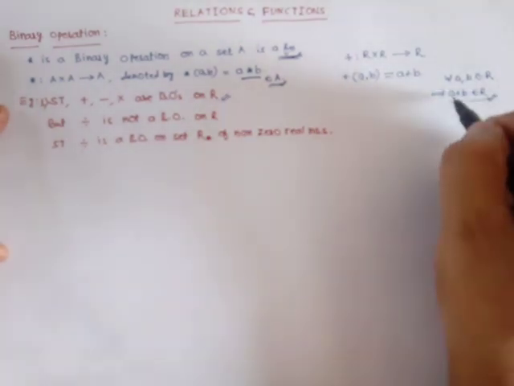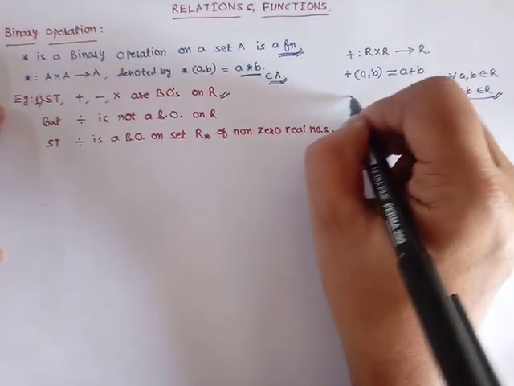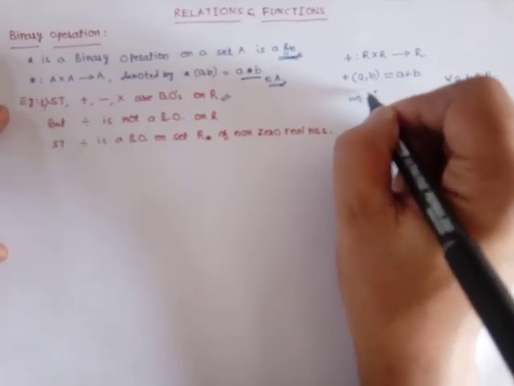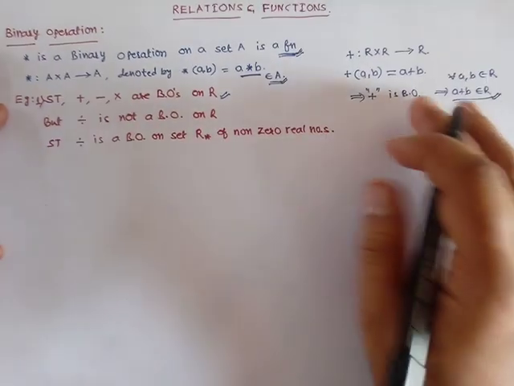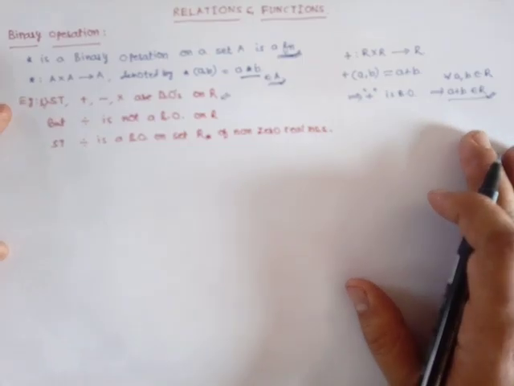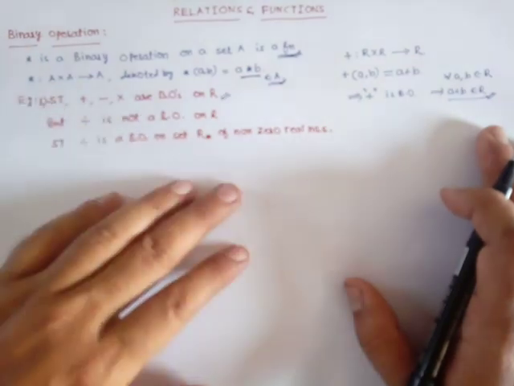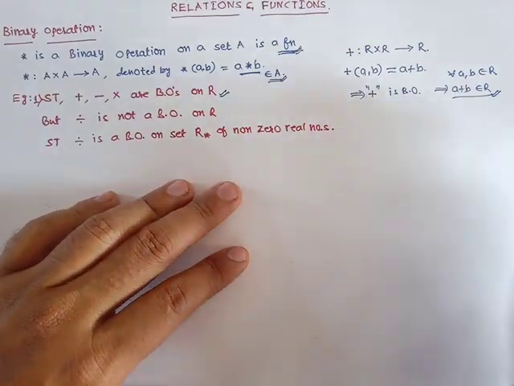So A plus B belongs to real numbers, then we can say plus is a binary operation.